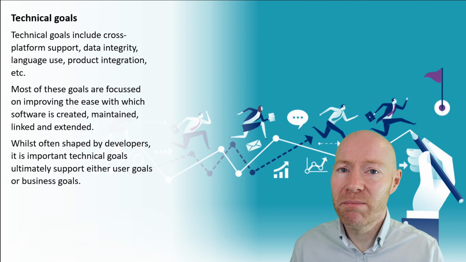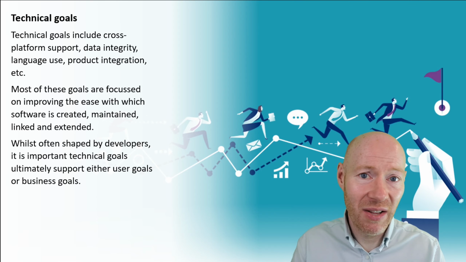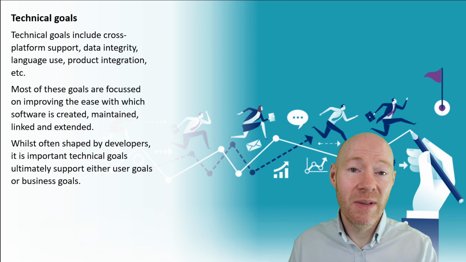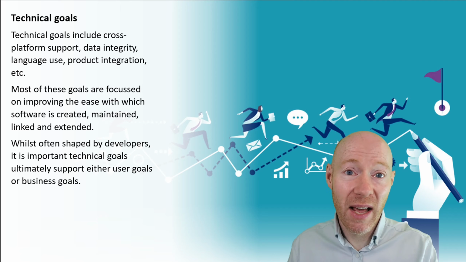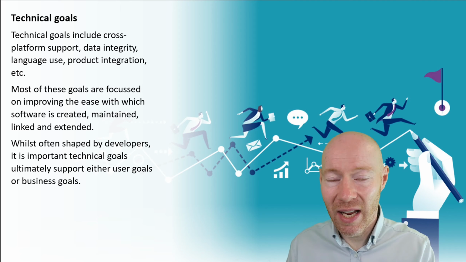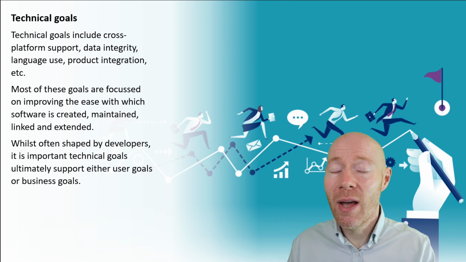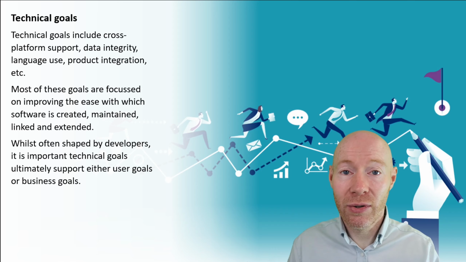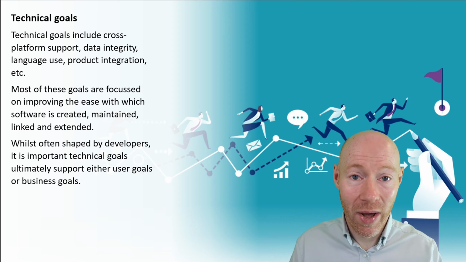Technical goals can be a wide range of those, as developers will be widely familiar. That may be in terms of needing to support a certain range of platforms. It may be that there are certain languages or other technical constraints that we have to adhere to. It may be that we're integrating with a wider family of software, or there are certain things we have to be compatible with.